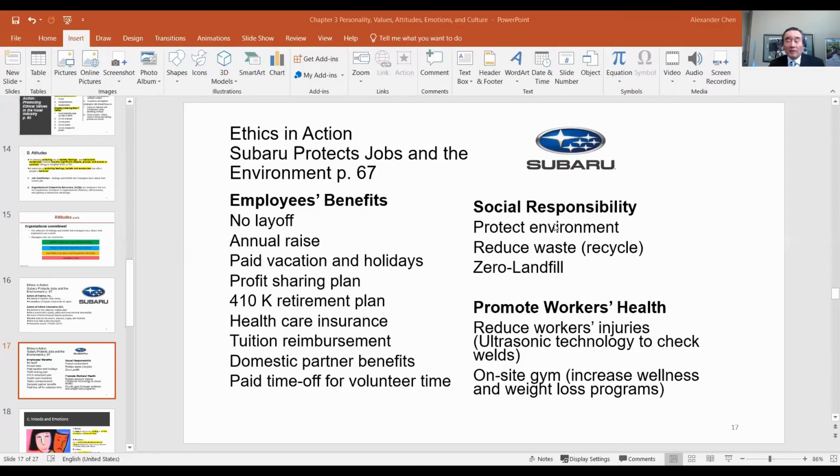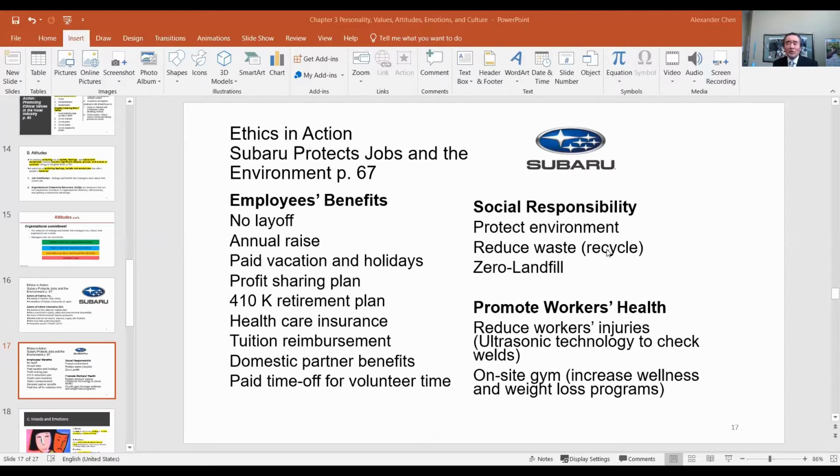And on social responsibility, they discuss a lot of things, most likely the environment and waste. They protect the environment and reduce waste and pollution. In this case, they do a lot of recycling.